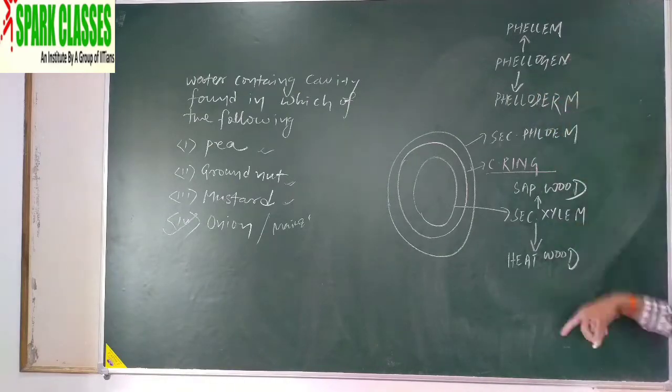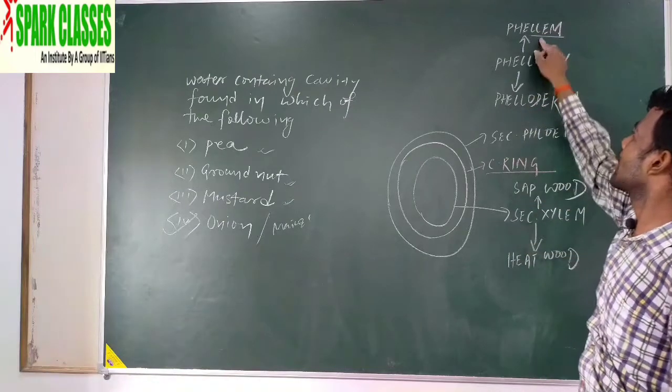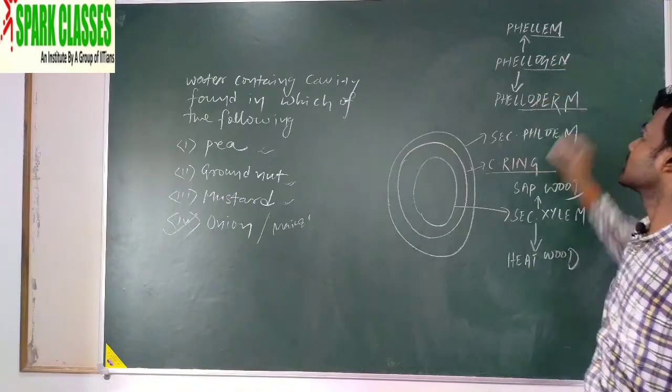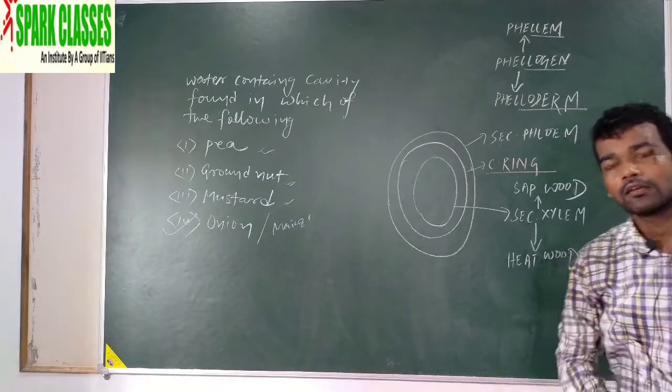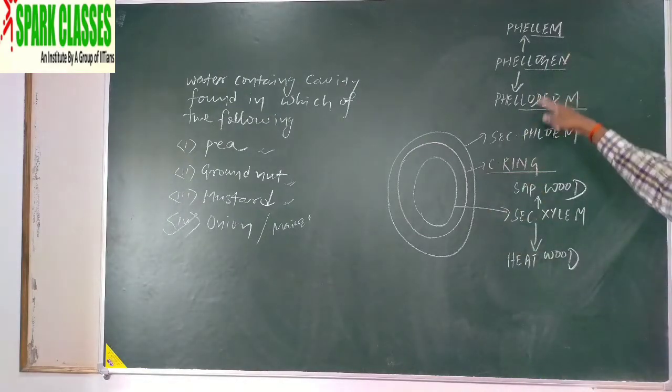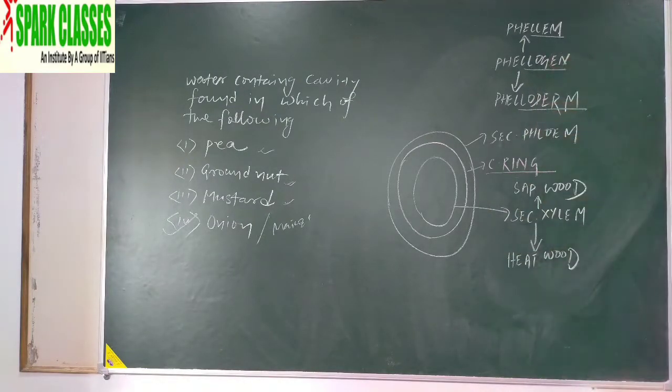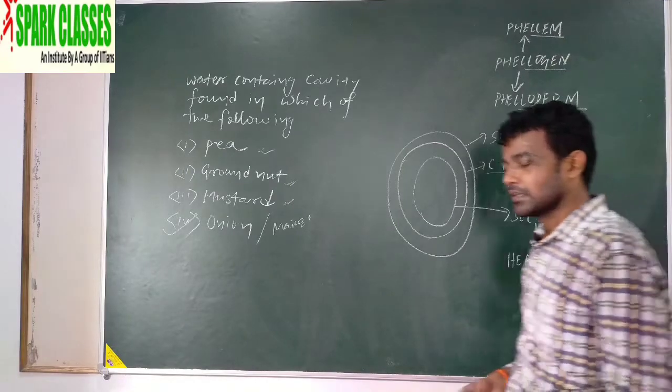So these are the layers from outer to inner. And a technique I had told you, less number of letters on the outer side, maximum in the inner side. For these three layers, phellem, phellogen, phelloderm, you can easily identify by number of letters. This completes your secondary growth.